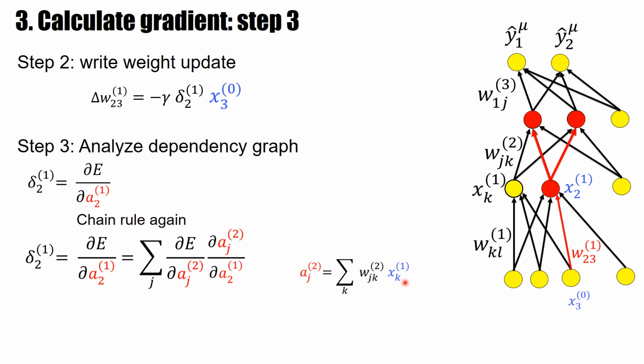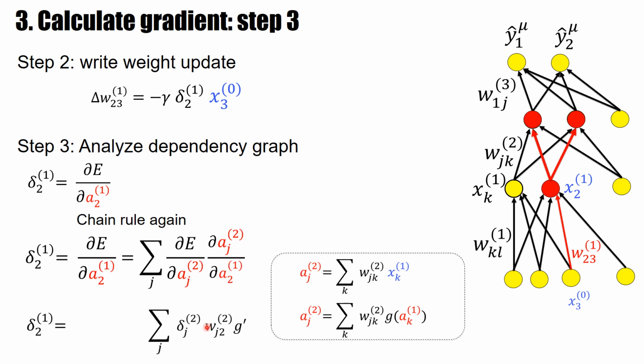a^2 is this, but the output of layer 1 is in turn given by its activation. So if I take the derivative of a_j^2 with respect to a_2^1, it means that only k equals 2 survives. So this term here gives just w_j2 times g prime. And this term here is just the definition of the deltas.